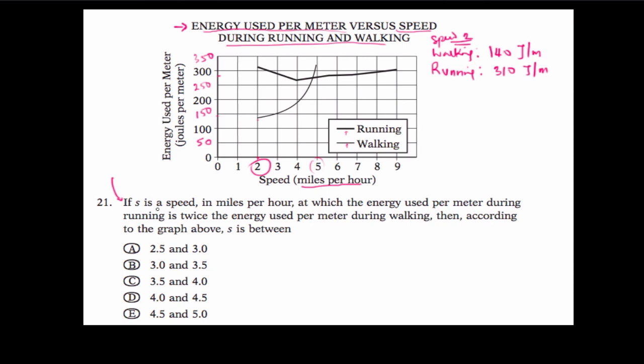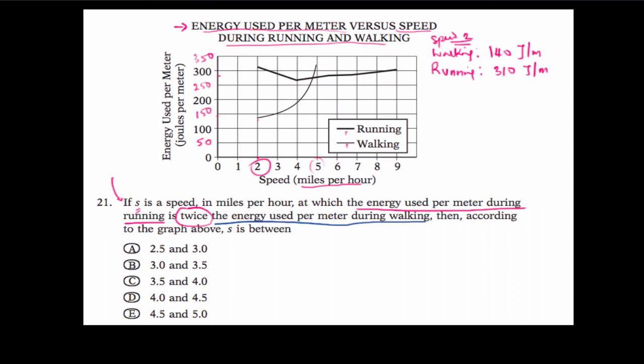Now let's go back to the question. It says if S is a speed in miles per hour, that is if S is one of the numbers we have here, at which the energy used per meter during running is twice the energy used per meter during walking, then according to the graph above, S is between when and when.